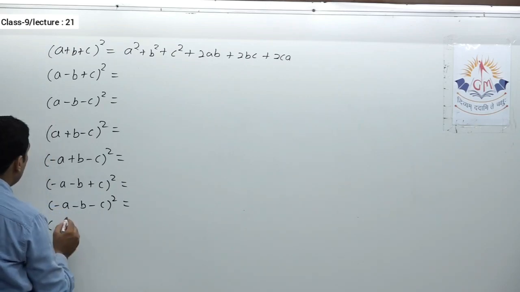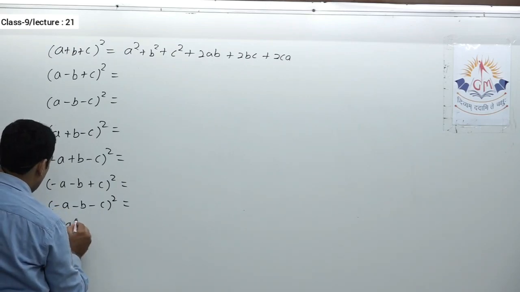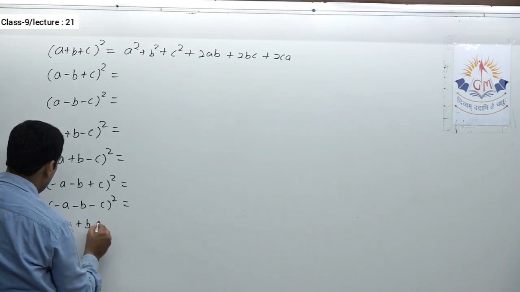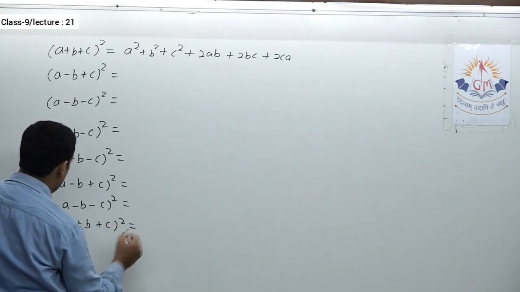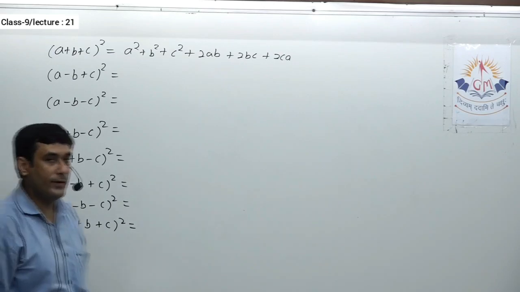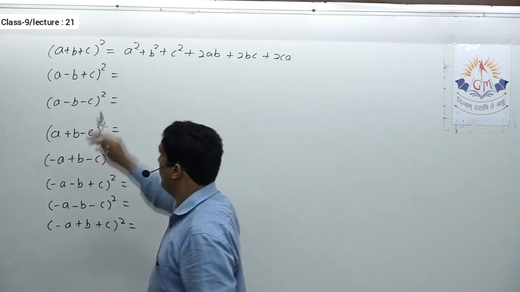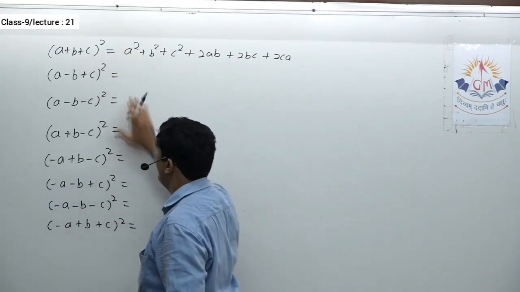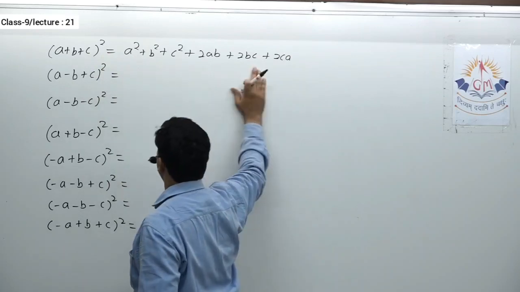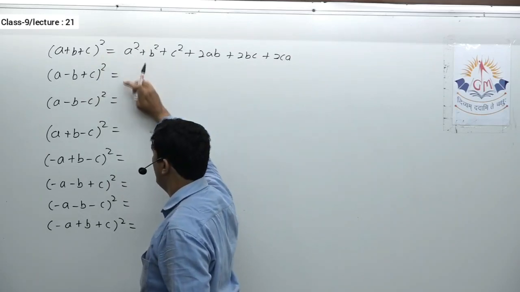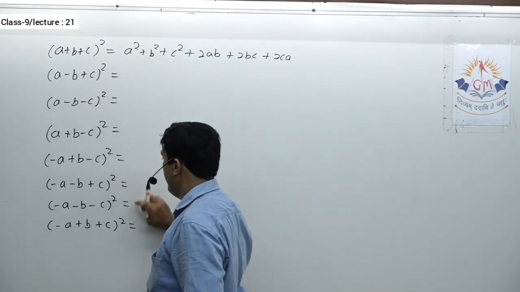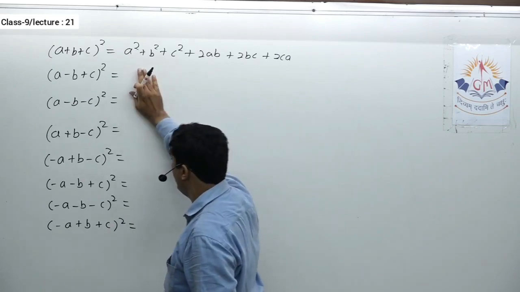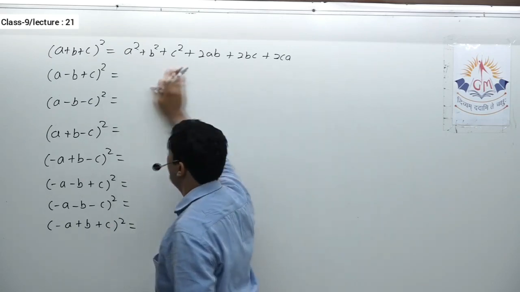There is one more left, that is (minus a plus b plus c) whole square. So these are the 8 different variations, including the first one. The first one you have to remember; the remaining 7 you have to obtain with the help of the very first identity.